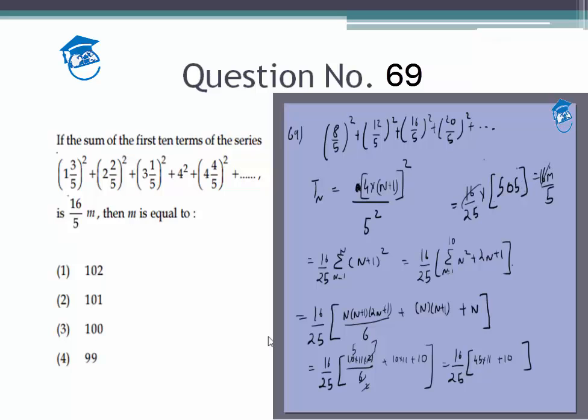So 16 and 16 cancel, this gives me 5, this cancels with this and gives me 101. So what we get is m is equal to 101, which means the final answer is option 2.